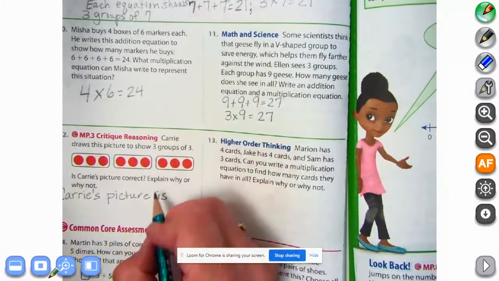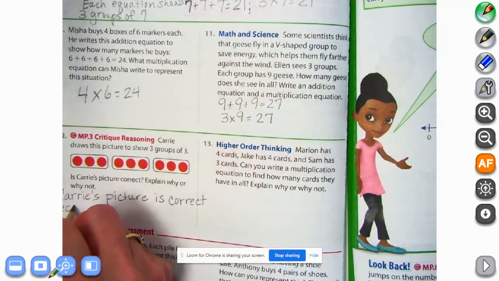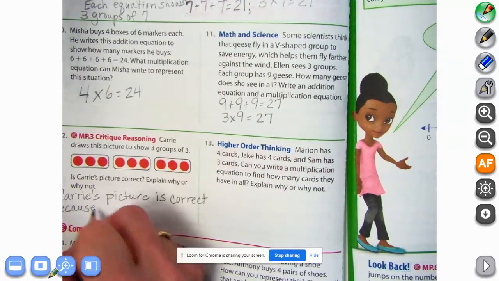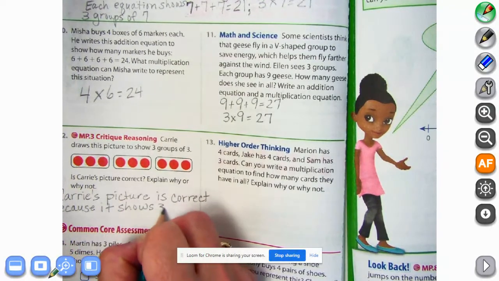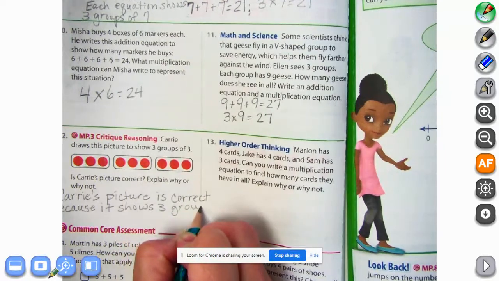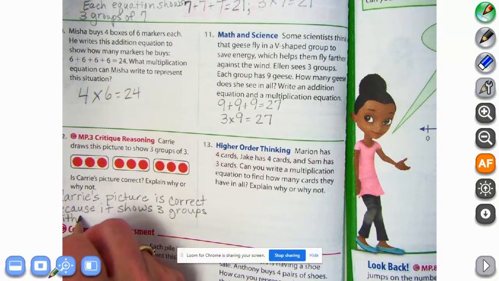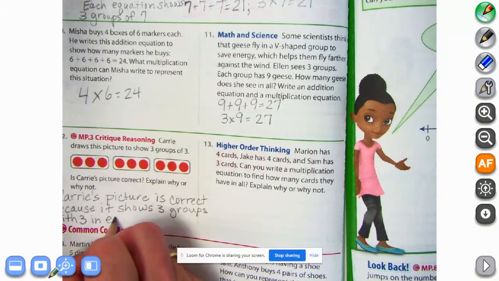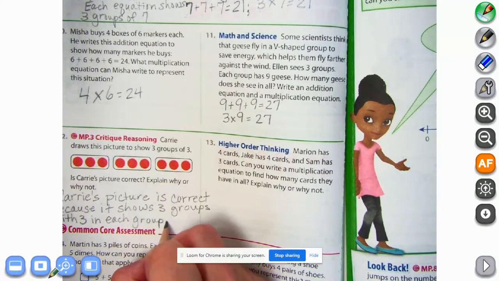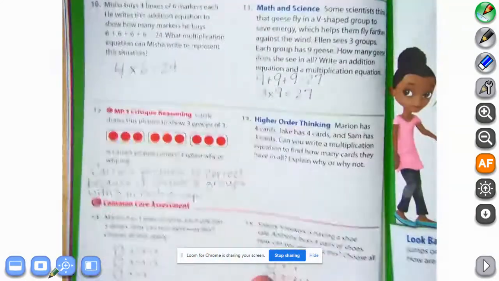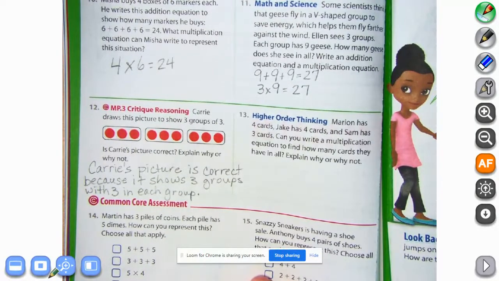Okay, so it is correct because it shows 3 groups with 3 in each group. All right, so that's your total answer there. Carrie's picture is correct because it shows 3 groups with 3 in each group.